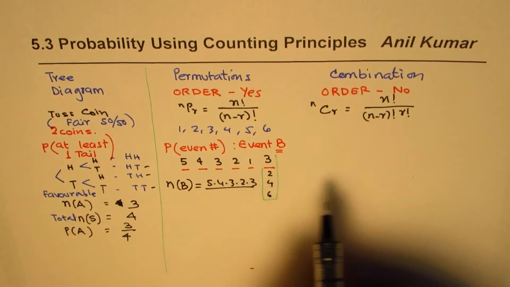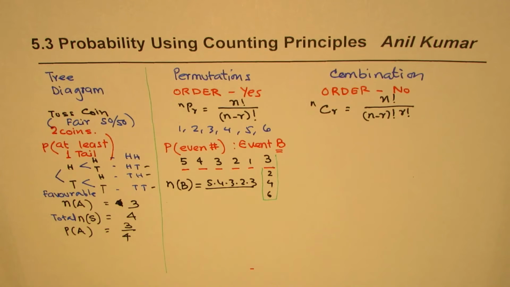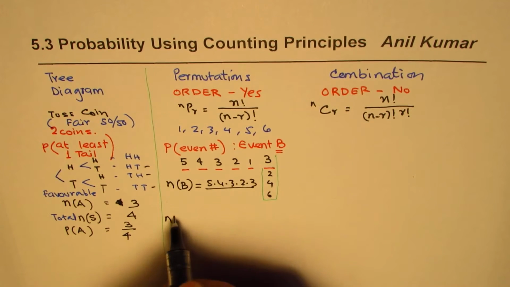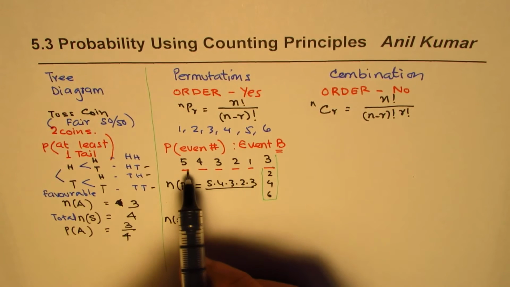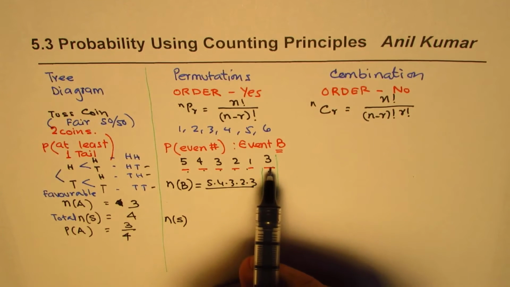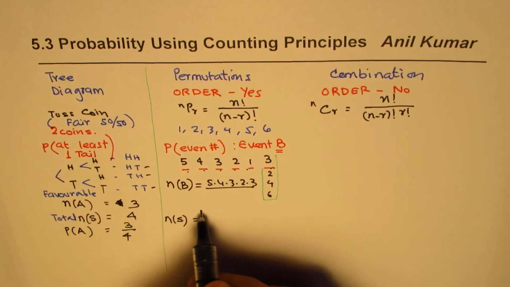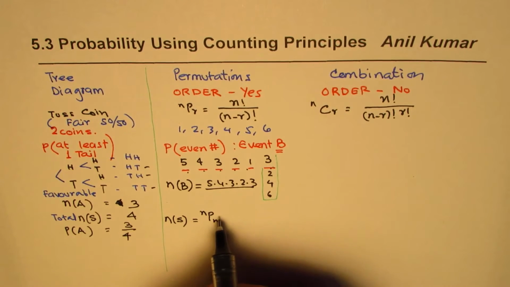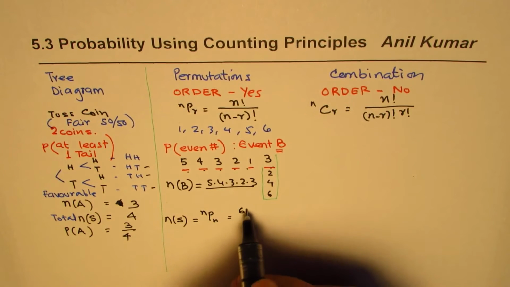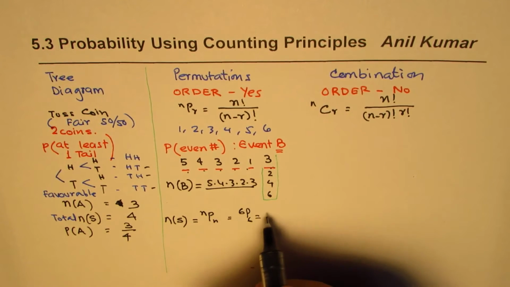And what are the total combinations? In this case, the sample space, since we have 1, 2, 3, 4, 5, 6 and we are using all 6 of them, it is the nPn formula kind of thing. I should have written 6P6, which is 6 factorial.